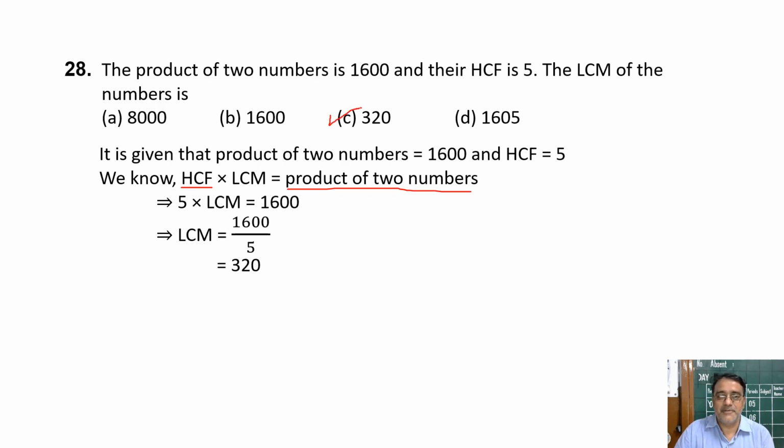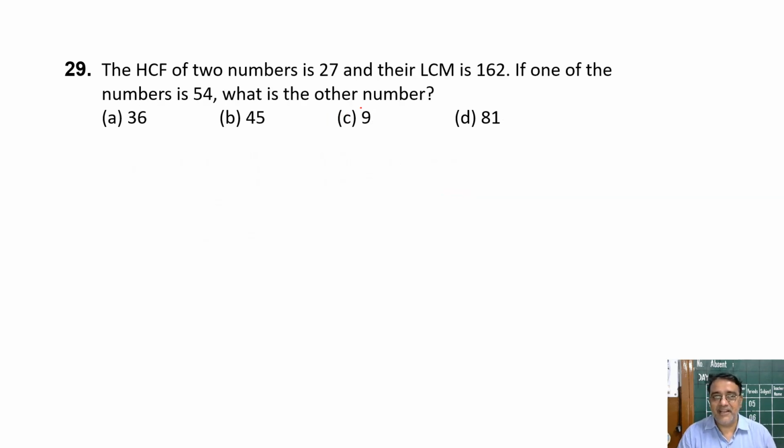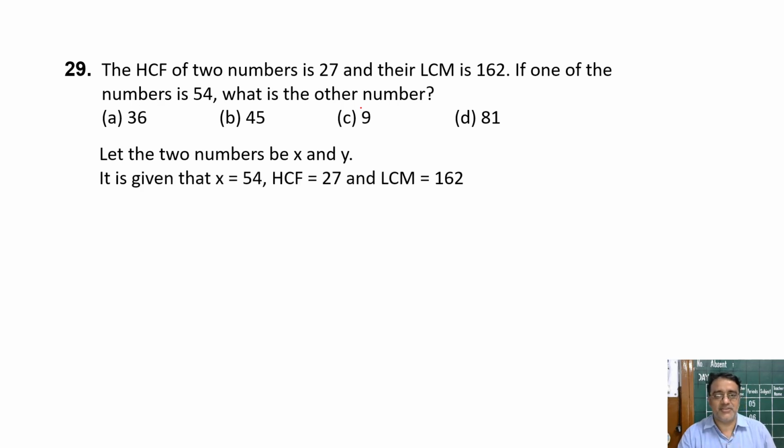So which option is the correct one? Option C, right. Now we are moving toward question number 29. The HCF of 2 numbers is 27 and their LCM is 162. If one of the numbers is 54, what is the other number? So let the 2 numbers be x and y, and one number x is given as 54, HCF is 27 and LCM is 162.